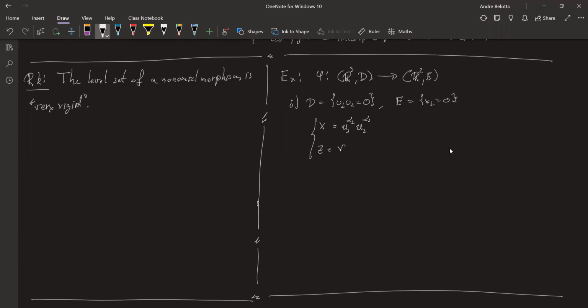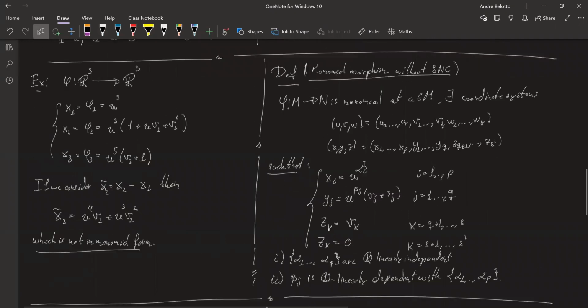Can you insist a little bit on the difference between the definition of monomial morphism without simple normal crossings and the original definition that you gave us? The definition, this one? Yeah, this one and the previous definition.